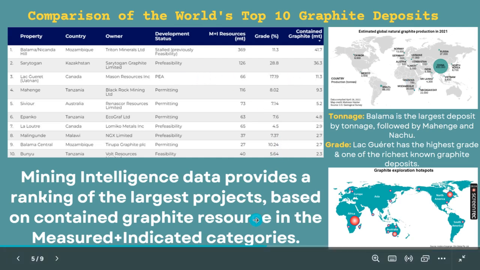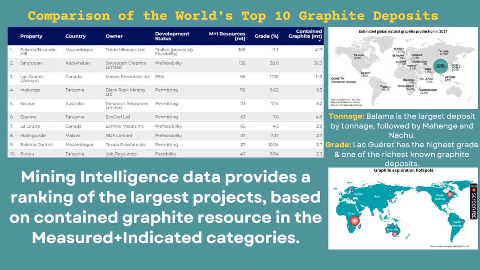Next, let us see and compare the world's largest top 10 graphite deposits. At this moment, the largest deposit is situated in Mozambique. You can remember Balama, Nikanda Hill, Balama. It is situated in Mozambique, and Triton Minerals Limited is the owner of that particular deposit. Its resources are mostly in the indicated and measured category.